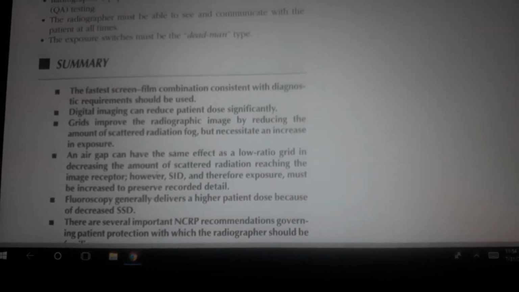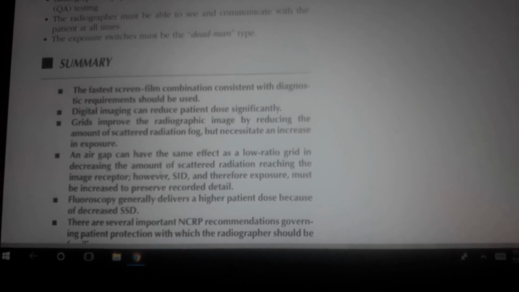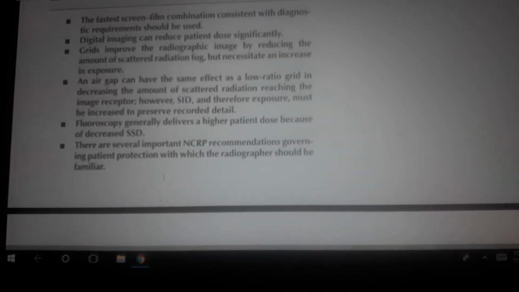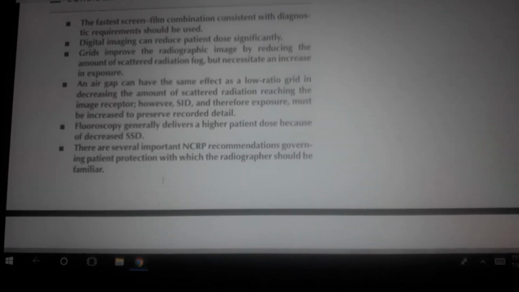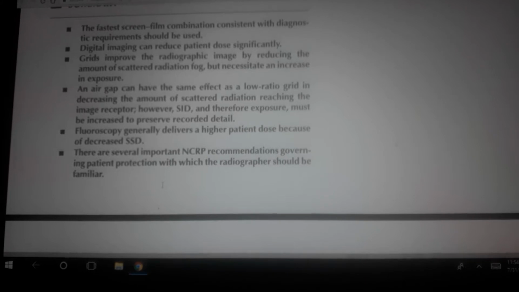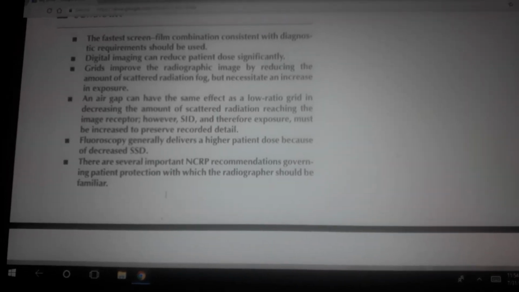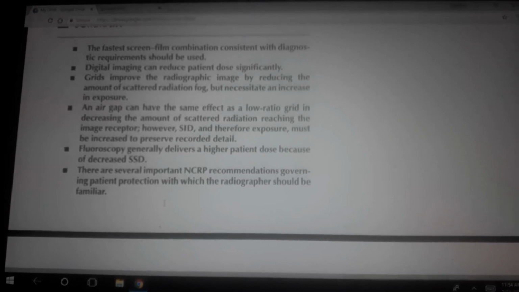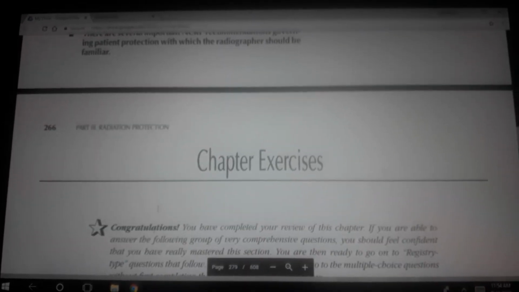Fluoroscopy generally delivers higher patient dose because of decreased SID. There are several important NCRP recommendations governing patient protection with which the radiographer should be familiar.